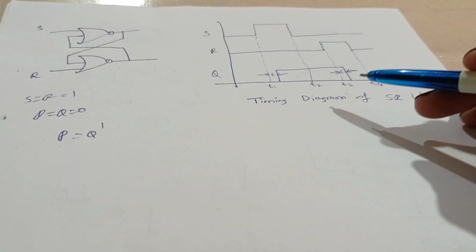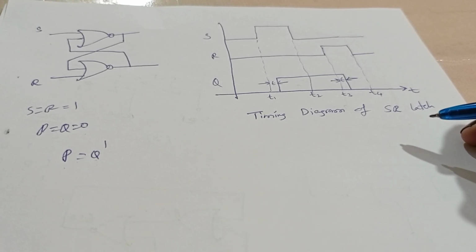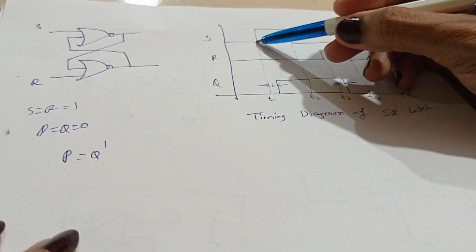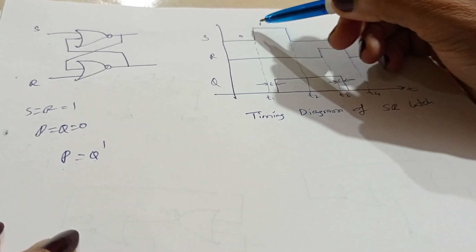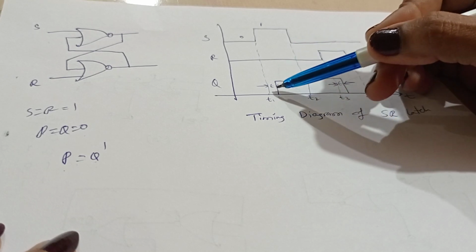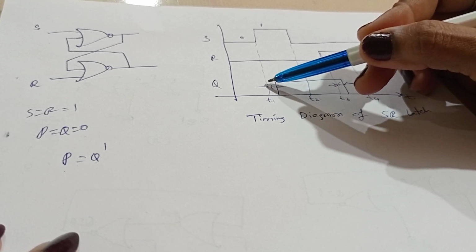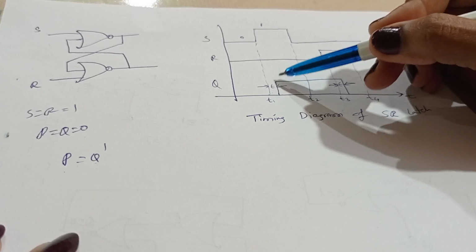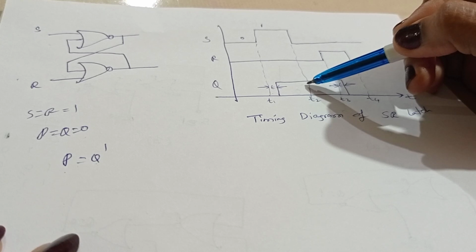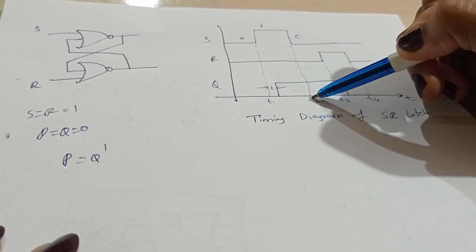This is the timing diagram of the SR latch. Now, when S changes to 1 at time t1, S is changing from 0 to 1, Q changes to 1 a short time epsilon later. See here, this short time is the delay of the latch. After that, the Q output is changing. At time t2, when S changes back to 0, Q does not change.